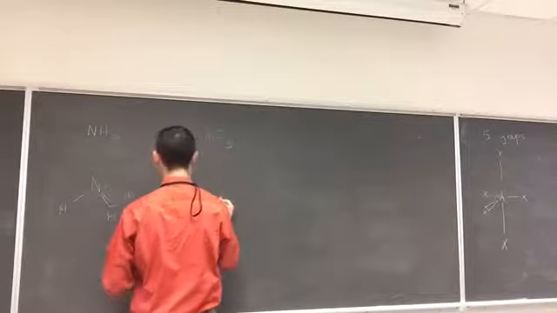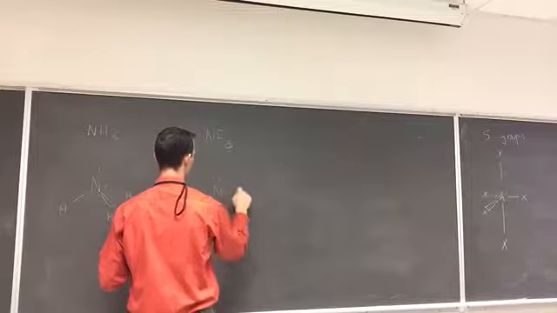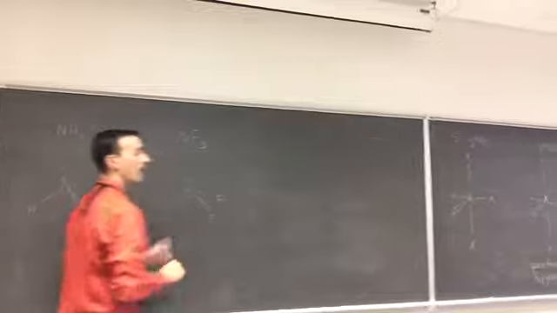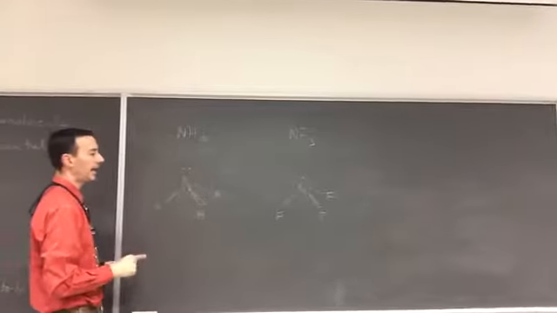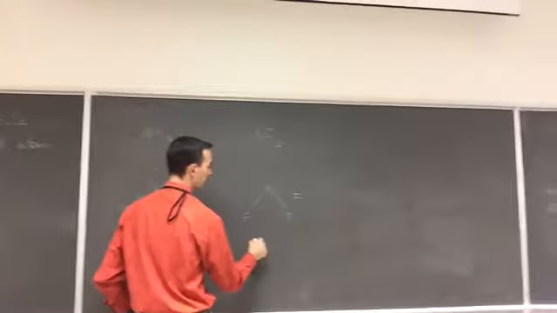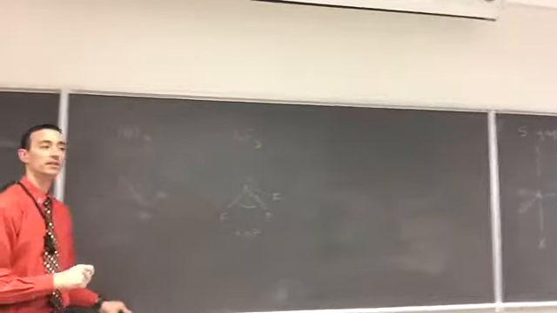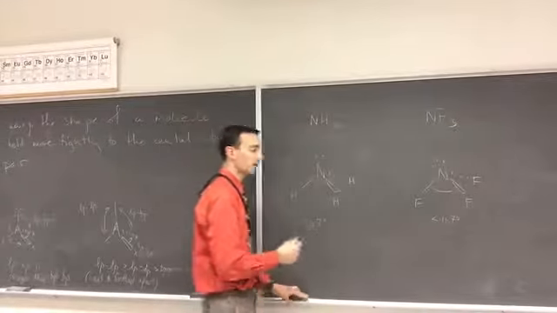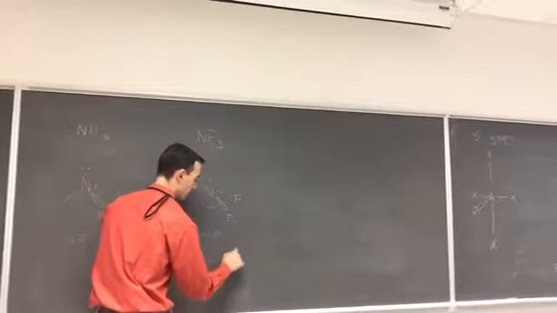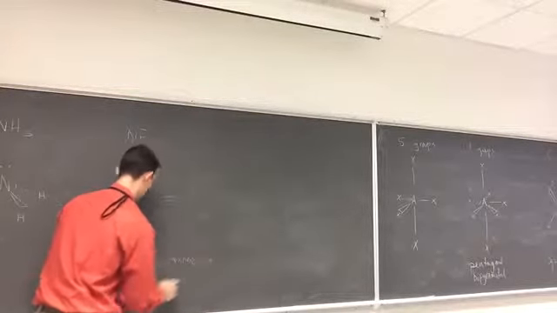If we change the H's out for F's, boy, we should draw the exact same Lewis dot structure, really draw the same shape for the sketch as well. However, the bond angle here, well, we know to be 107 degrees. Over here, the bond angles are going to be less than 107 degrees, as it turns out. That's because fluorine is more electronegative than hydrogen.